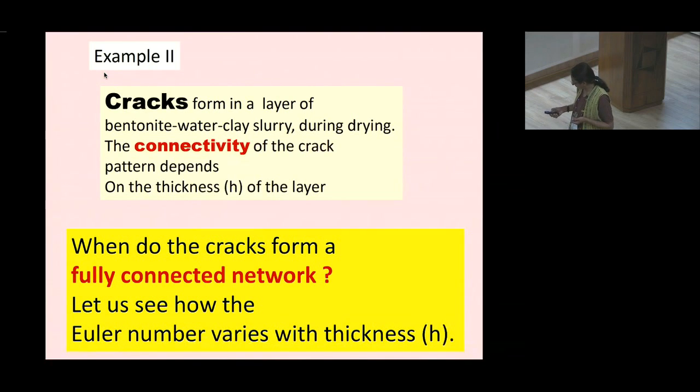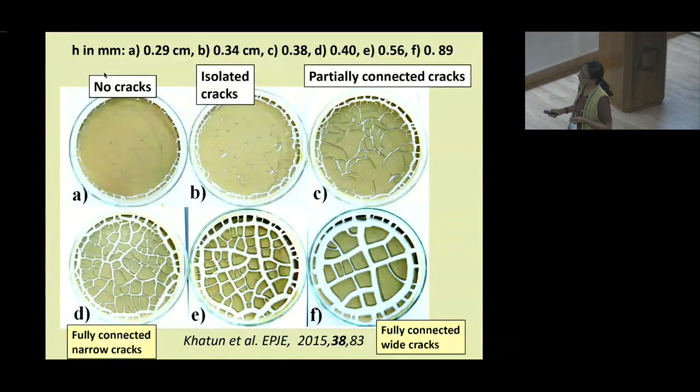Let us see what happens here. These are the cracks forming, and here you see the cracks are isolated, and here they have just started to get connected, but not fully connected. Here you have a fully connected crack network, and it stays connected.